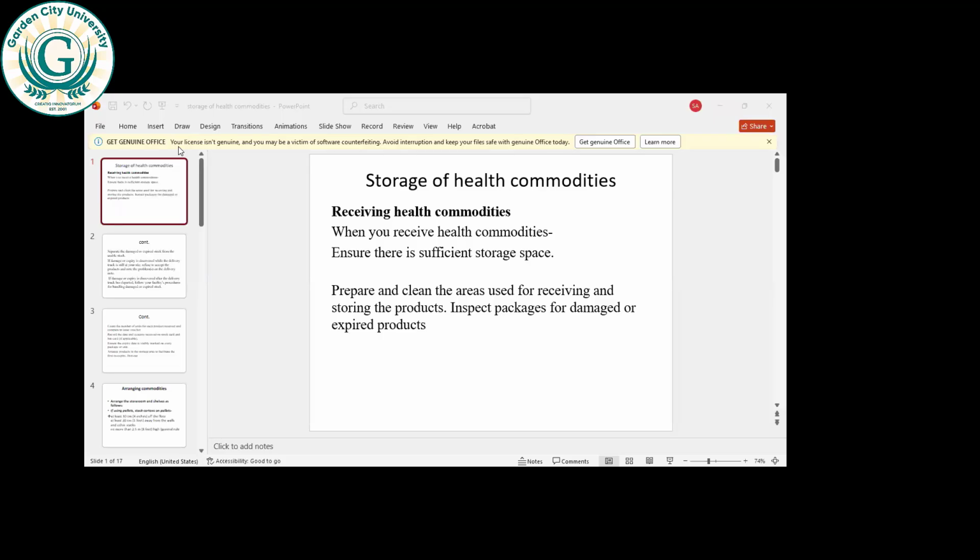We're looking at storage of health commodities. The last time, I think we've already done storage and inventory control. But there are portions of the storage of health commodities that we did not tackle, so I want us to look at those areas.